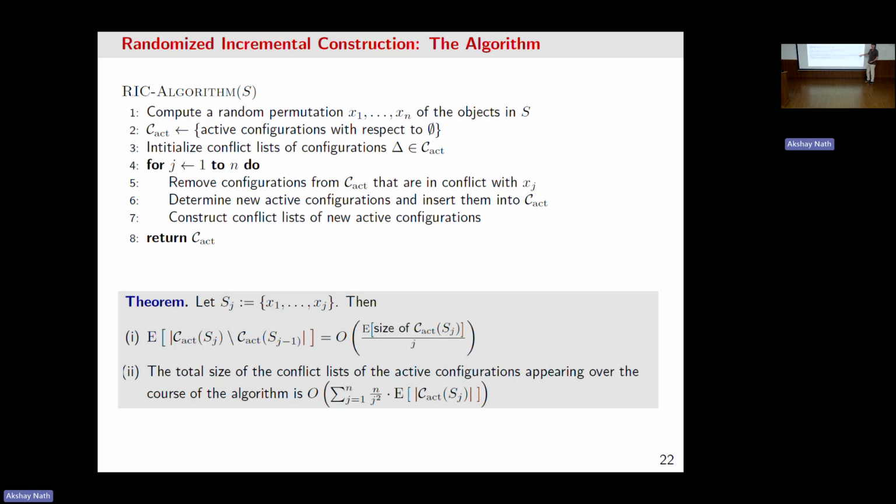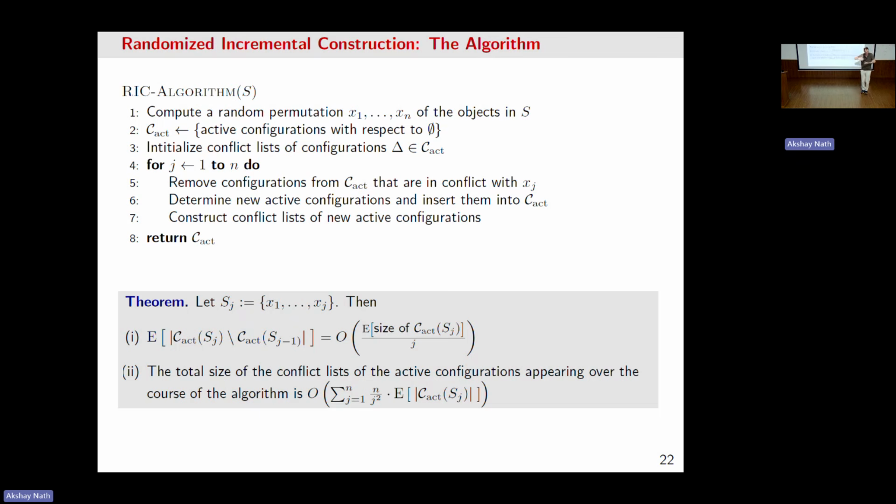The total size of the conflict list, why is that interesting? Well, because here the way I do it is I have all these conflict lists explicitly. I take my current conflict list. This is the new guy I add. It has a pointer to this thing.